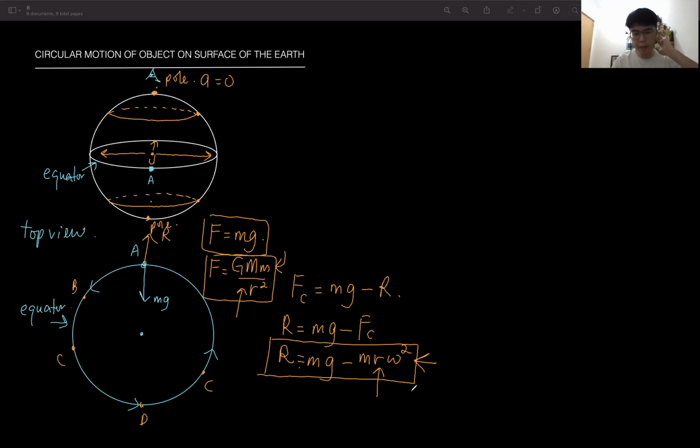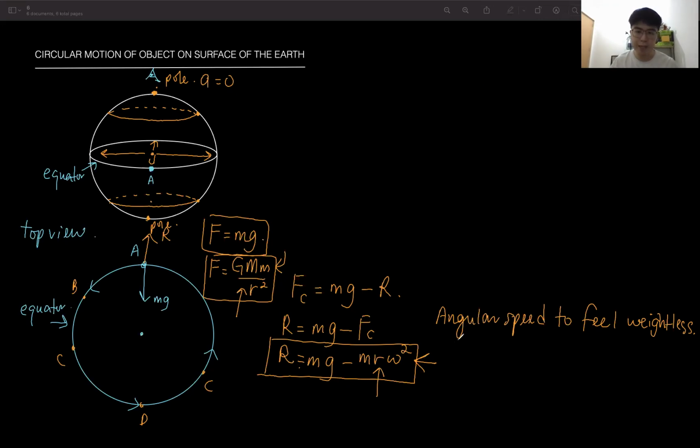Now here, what is the angular speed? Let's say the question asks you, what is the angular speed for the object to feel weightless? Using this formula, we can find at what rotation speed of the earth the object will feel weightless.